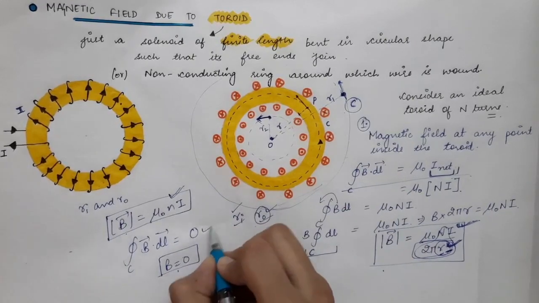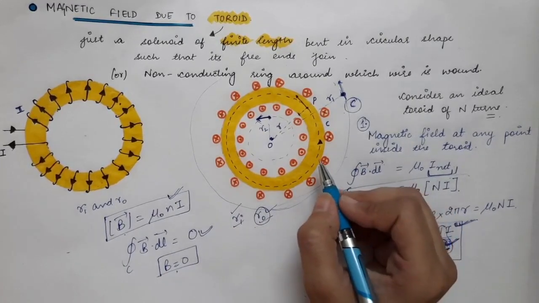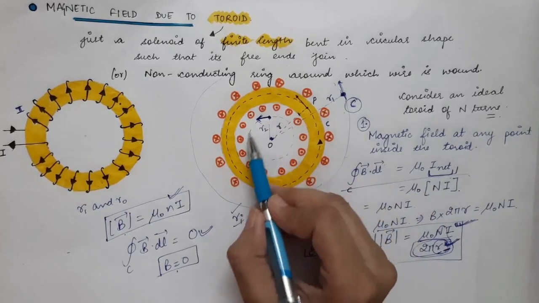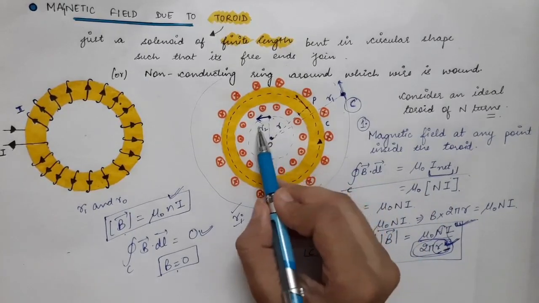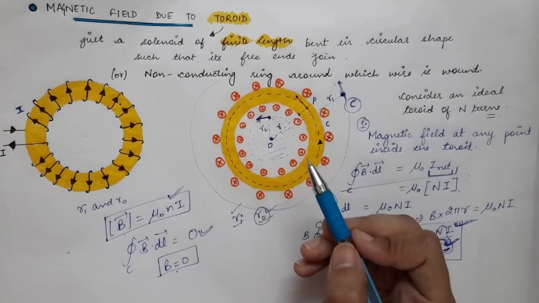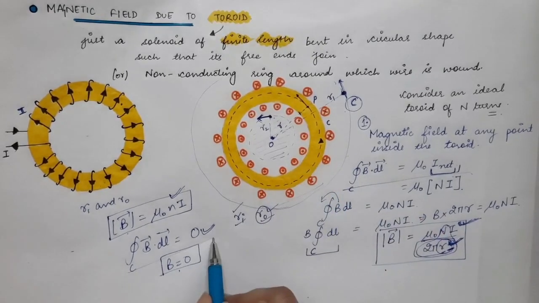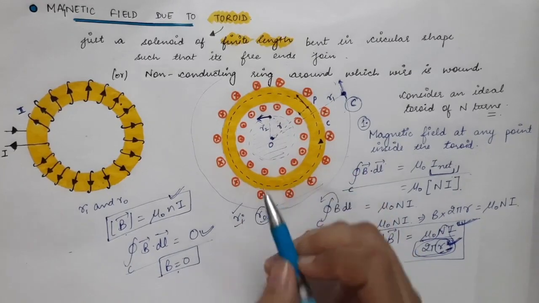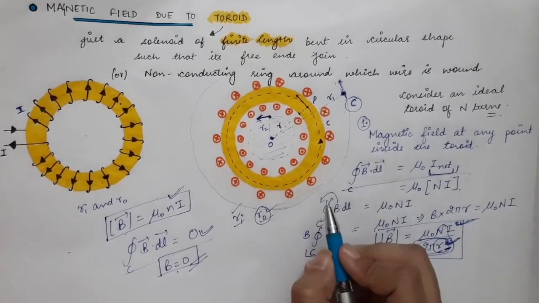So the same formula will be valid for this curve also. And in this curve, the net amount of current which is present in this closed path is obviously equal to 0. So this equation will also hold for this curve as well. So in that case also B will come out to be equal to 0.